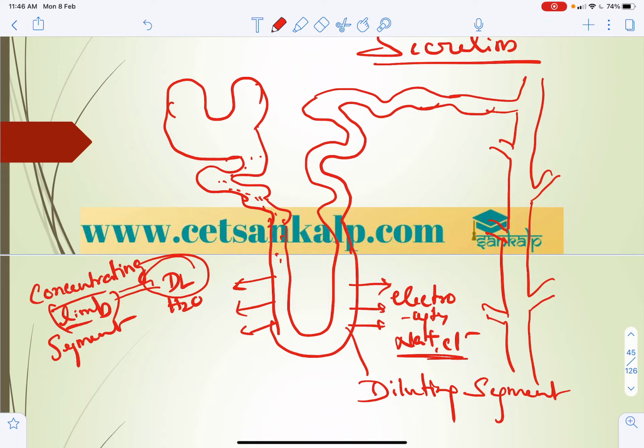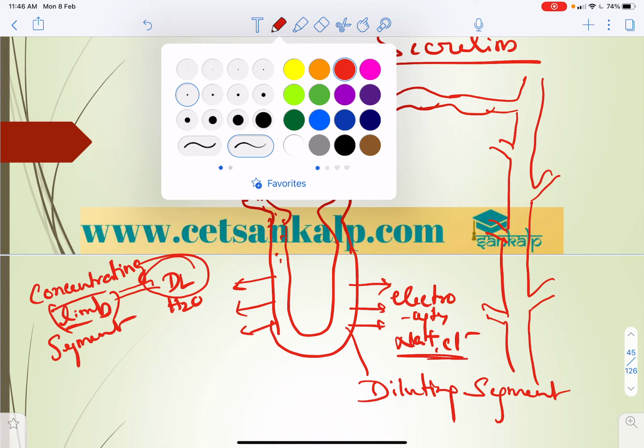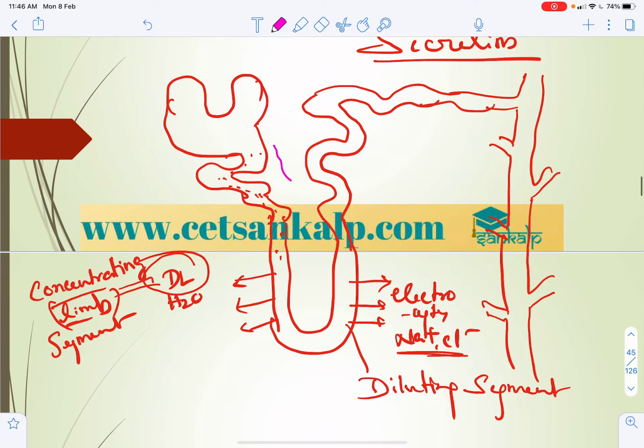And the concentrating segment and the diluting segment are connected by blood capillaries like this, which will be branched. This is the vasa recta.